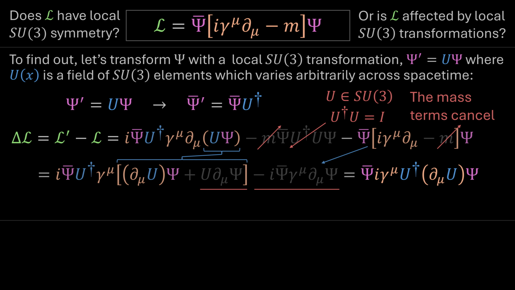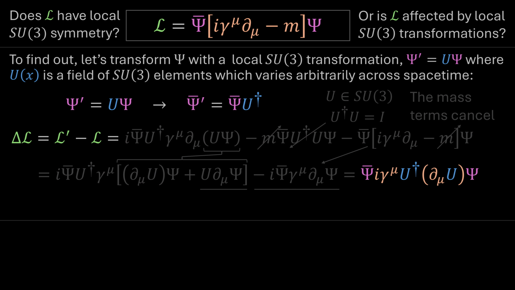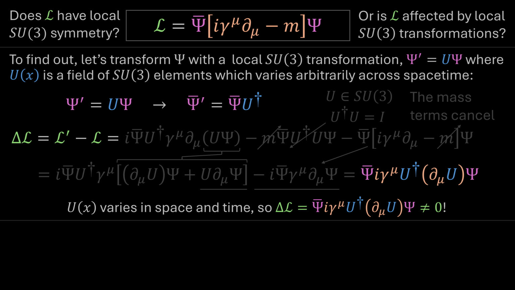So evidently, that is how the Dirac Lagrangian changes under a local SU3 transformation. If you look at the form of this expression, you see that it involves things that are generally non-zero, because the matrix field U varies in space and time, so it's generally non-zero, and its derivative is generally non-zero as well.